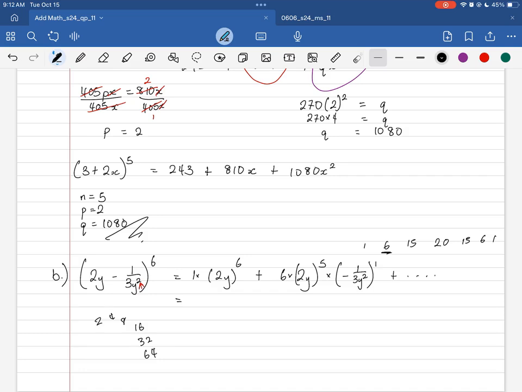So you have 64y^6 plus 2 to the power 5 is 32. So 32 times 6 is 32y times 6 times minus 1 over 3y squared.